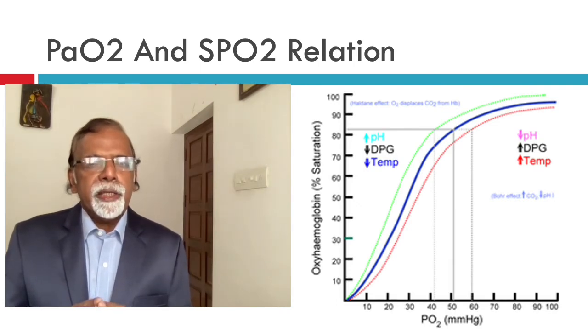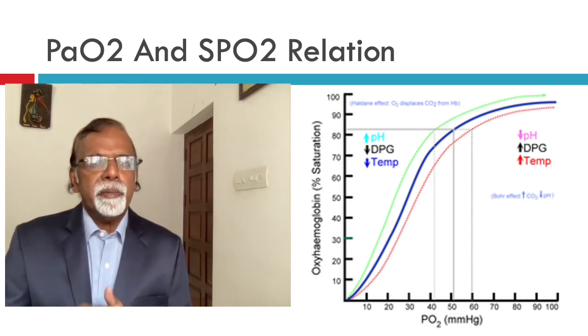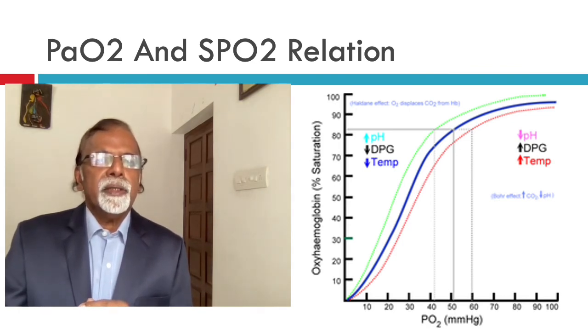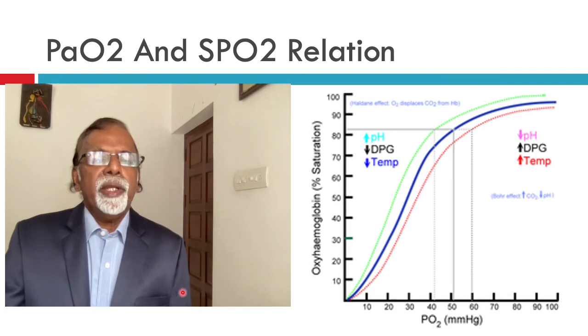This has already been discussed, the relationship between the partial pressure of oxygen by ABG and the peripheral saturation of oxygen. Only when the oxygen tension comes below 60 does SpO2 tend to fall below the normal range.